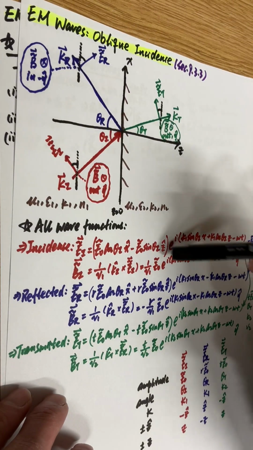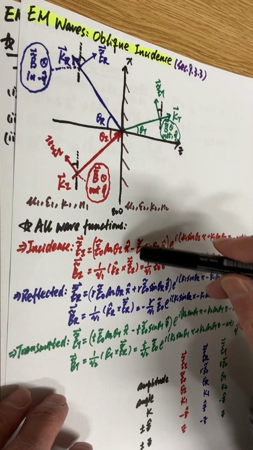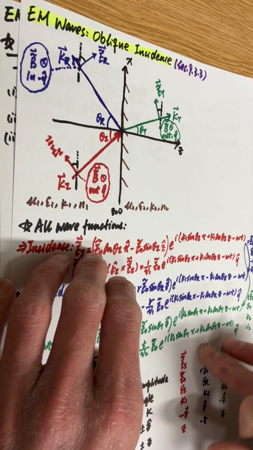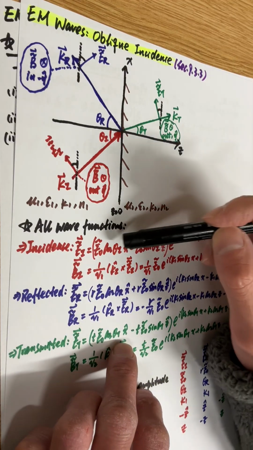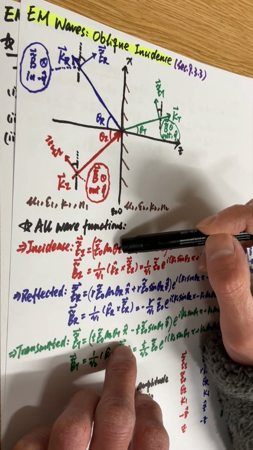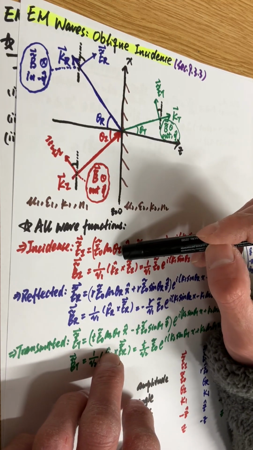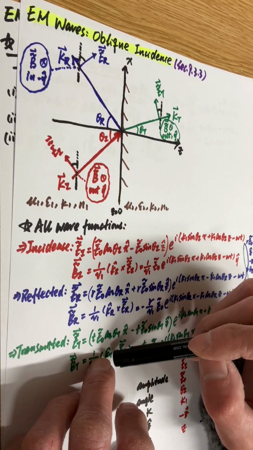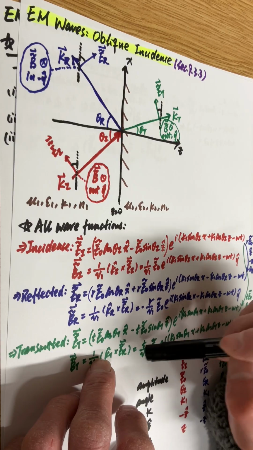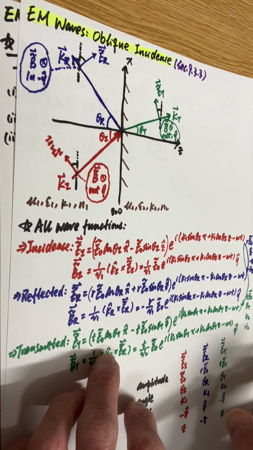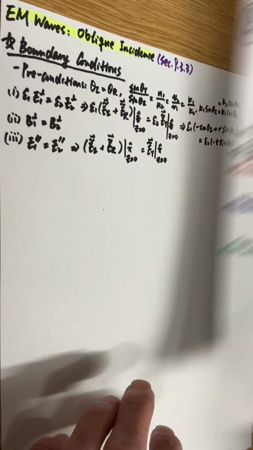So for all three electrical fields, if we only care about the X component, the propagation functions are all cancelled. And then for the X component, we have E0 cosine I. Here we have R, E0 cosine R. Cosine R is equal to cosine I. And here we have T, E0 cosine T. So we cancel all the E0. We get another very neat relationship as well.